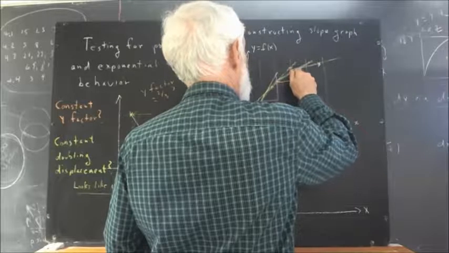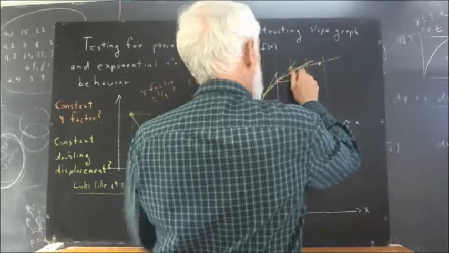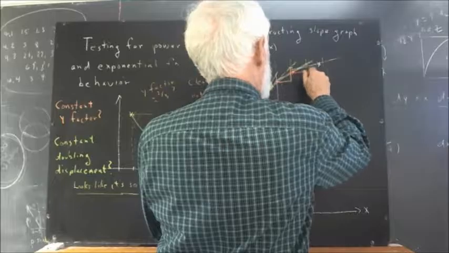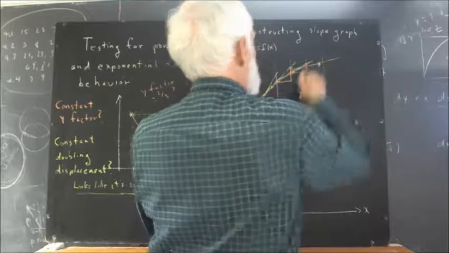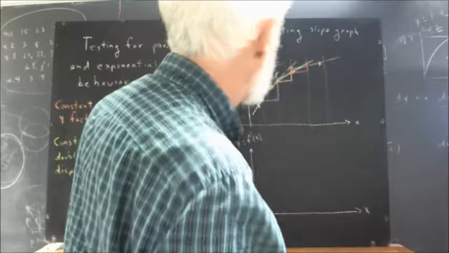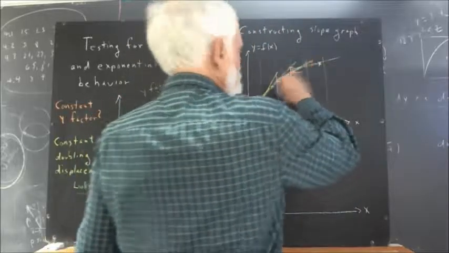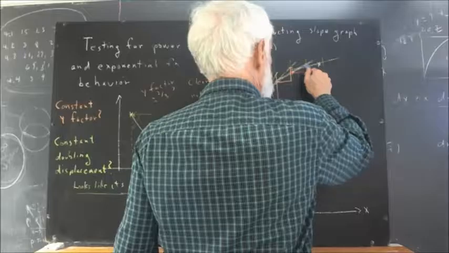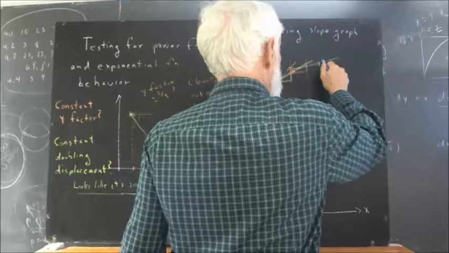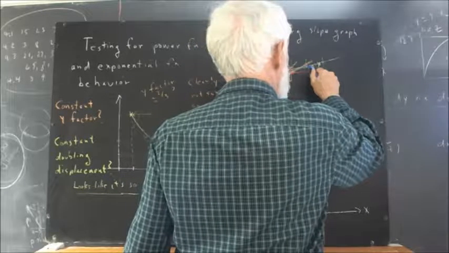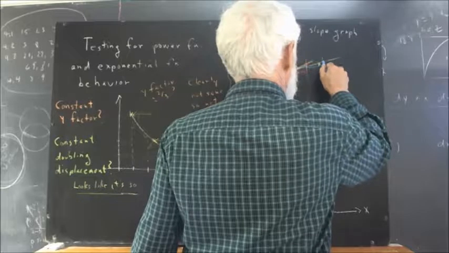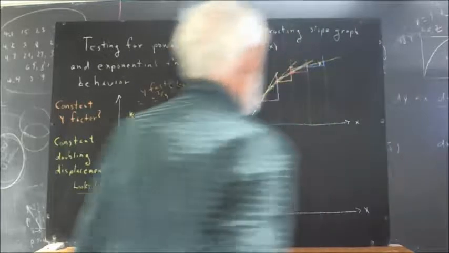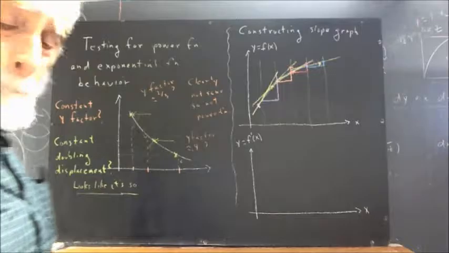I'm going to use this point and this point on the tangent line and sketch the triangle that I would construct. And then for this tangent line, I'll use this point and this point. Not doing a very good job of sketching a good right triangle, but there it is.